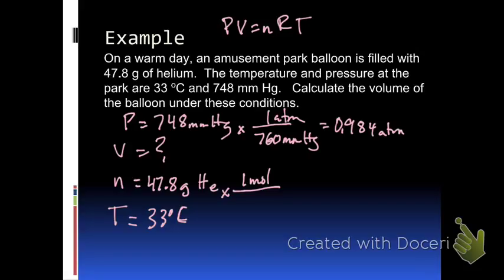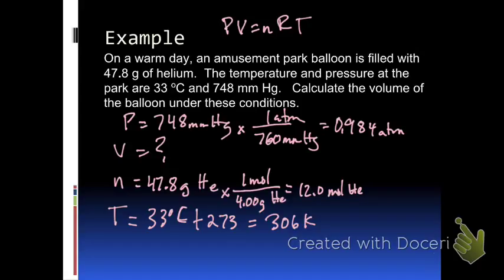I know that 1 mole of helium, according to the periodic table, weighs 4.00 grams. So if I take 47.8 and divide that by 4, I get about 12.0 moles of He. I round it to proper sig figs, and then I need to add 273 to my Celsius, which will give me 306 Kelvin. All right. Hey, I got atmospheres, I got moles, and I got Kelvin, so I'm good to go.